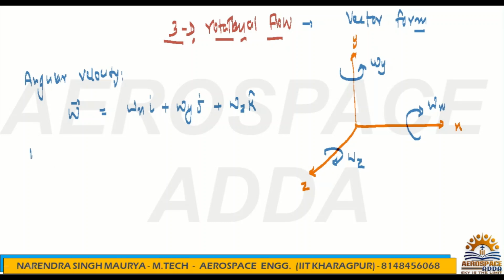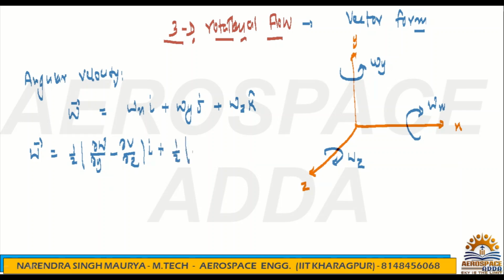As you know, omega x, you know that value, and directly I can write 1 by 2 in bracket, dou w by dou y minus dou v by dou z. This is i. Omega x value I have written. Similarly, you will write omega y. What will be the omega y?